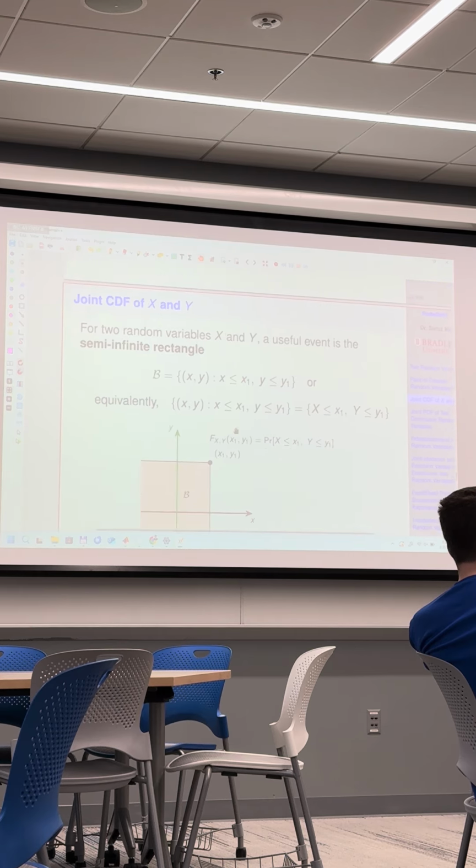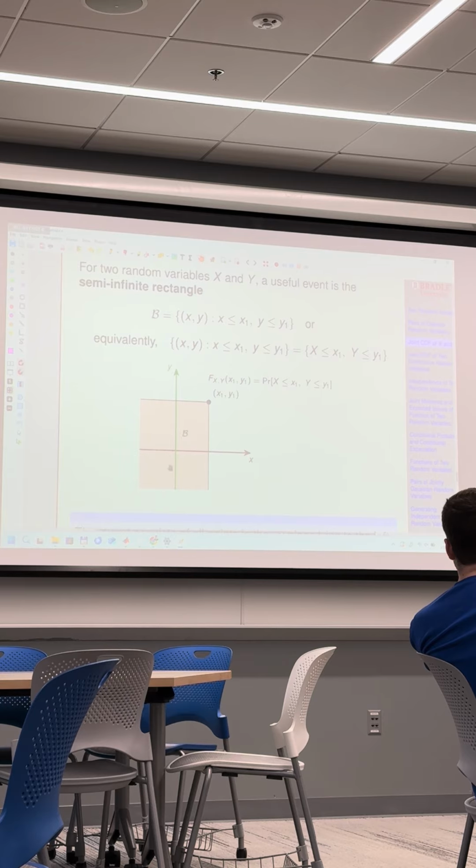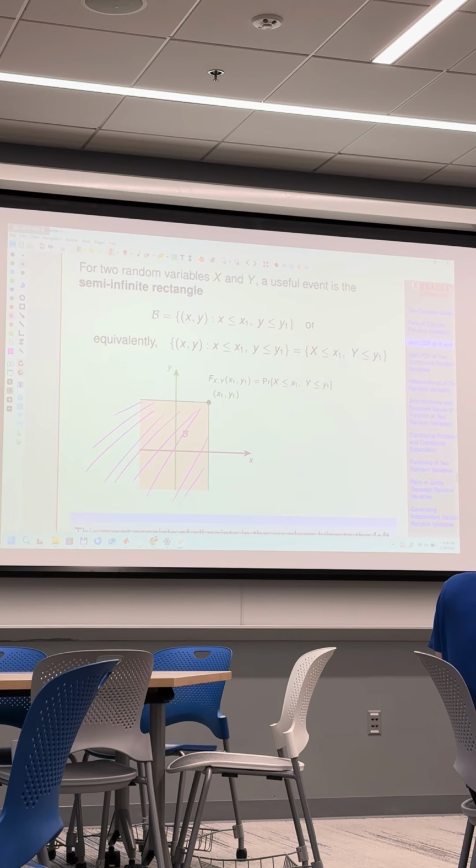So let's go right here. I drew a figure nicely to show the event B. This is the point, and instead of x, y, I just put x1, y1 to fix it. This joint CDF basically finds the probability of this rectangular region.